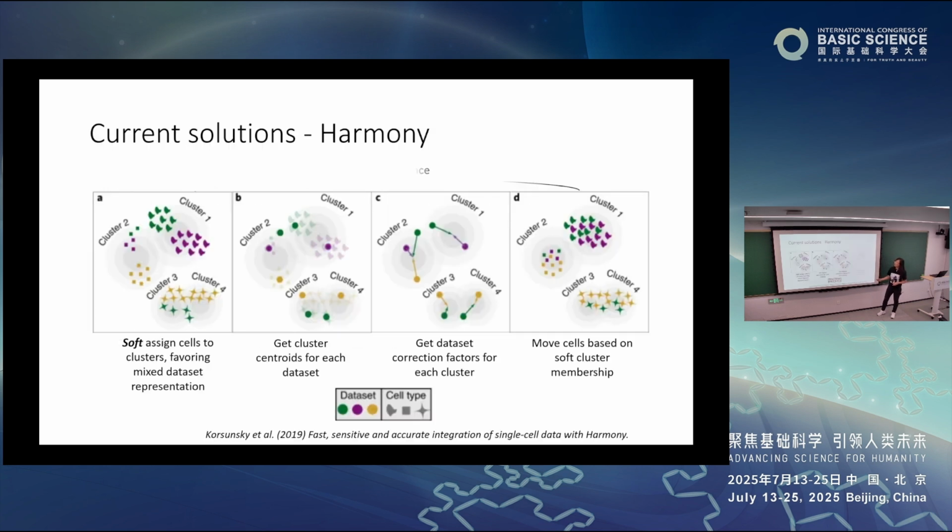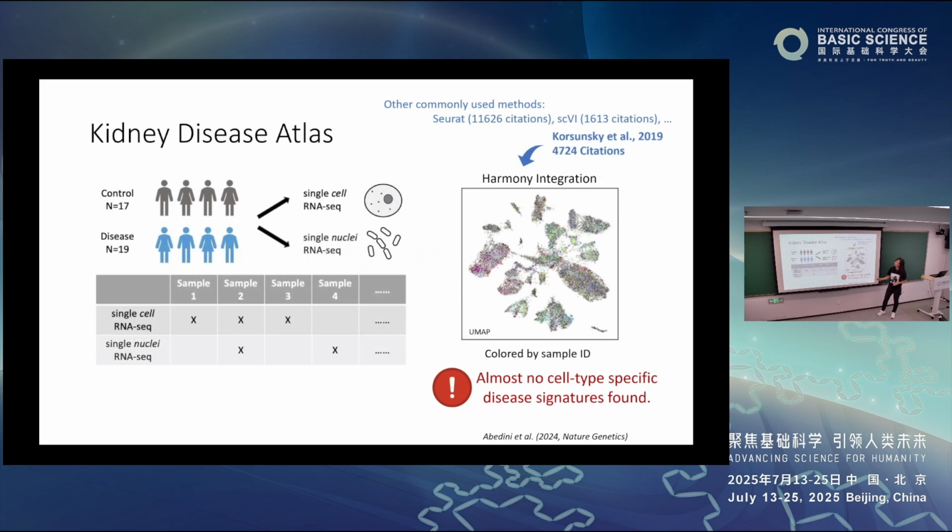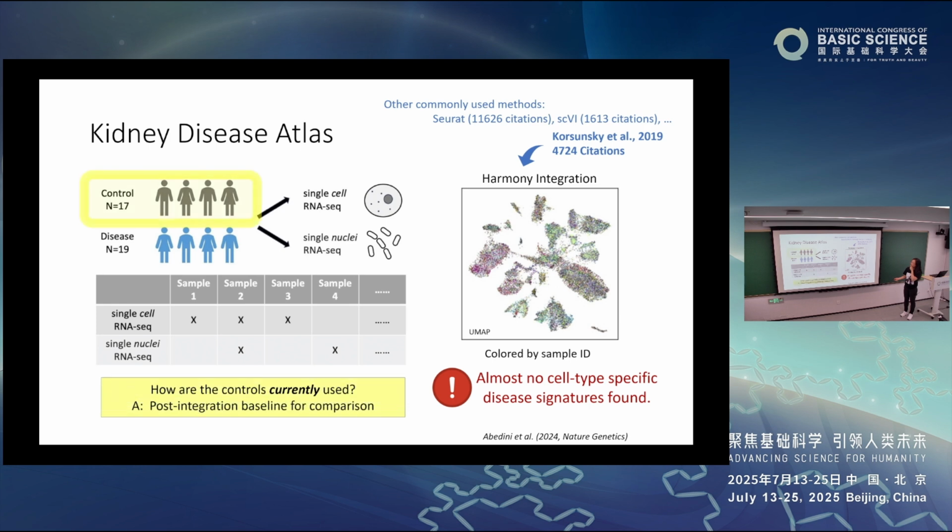I'm going to skip over this because it's too much detail. What we felt was that these methods don't make use of the experimental design, because she actually went out of her way to get these control samples. It's very hard to get healthy samples, because who that's healthy would give you a kidney sample?